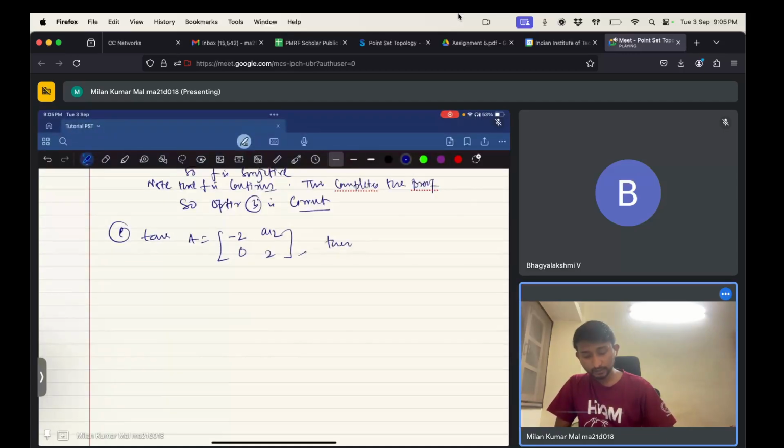Then A is diagonalizable, but we can choose A12 as large as we want.